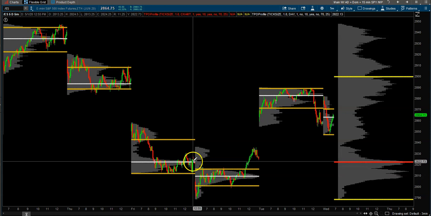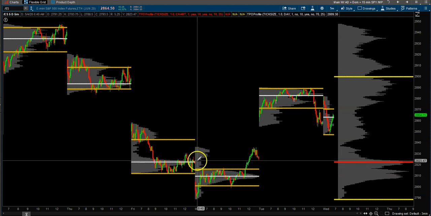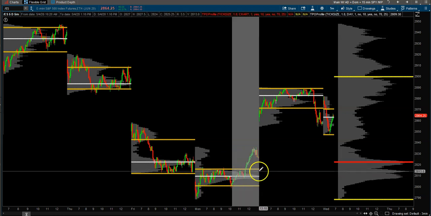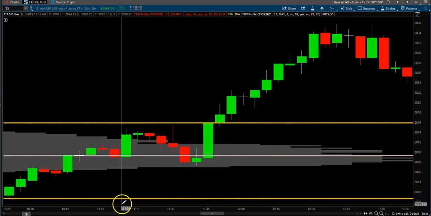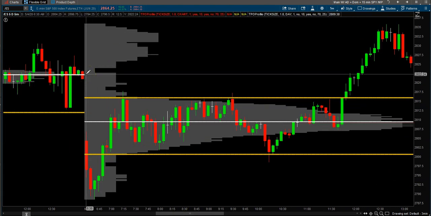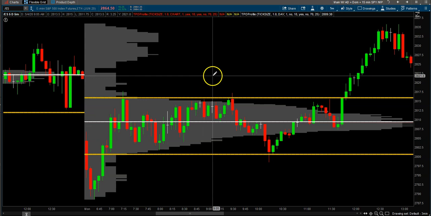Then we kind of went up higher, right? And then look at the point of control. If you look at this candle right here, this candle high matched up exactly with the point of control, right?